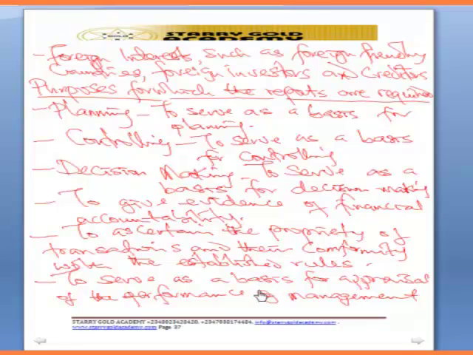To serve as a basis for appraisal of the performance of management and staff of government.